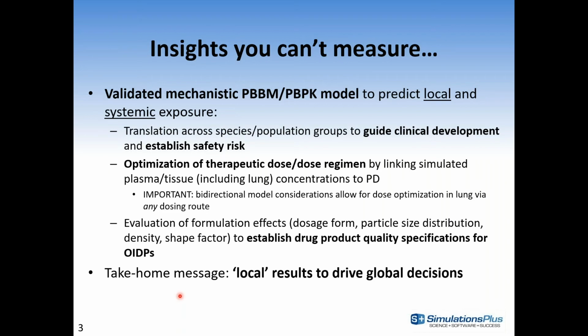And why is this important for you? Well, we can start to apply these models to help with translational activities across species or even population groups, to help guide clinical development activities and also establish safety risk.